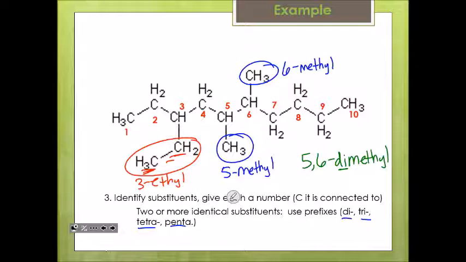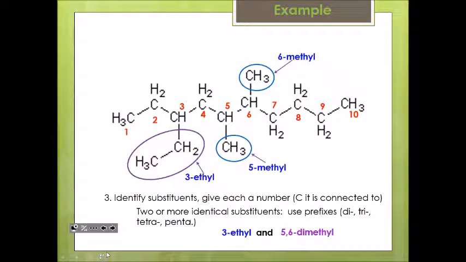Redundant, I know, but it's the way they do the naming system. So I'm going to have my 3-ethyl, and I'm going to have my 5, 6 dimethyl. Those are my 2 substituent groups. So this is how I would set up this particular slide here, and we would get ready to write out the entire name.